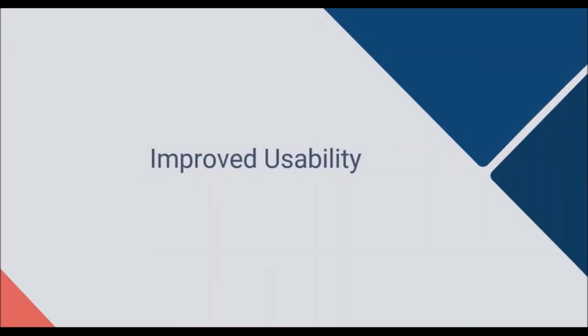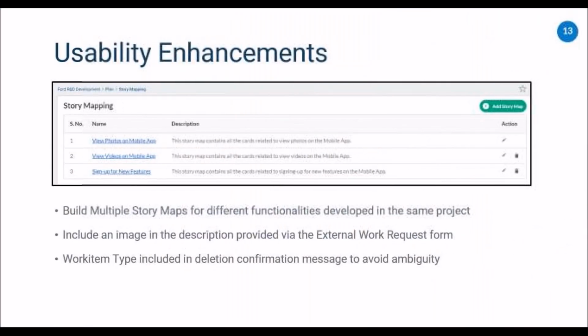So moving on to the usability enhancements. In this release, one of the new capabilities that we have as part of our Agile initiatives is the ability to define story maps.